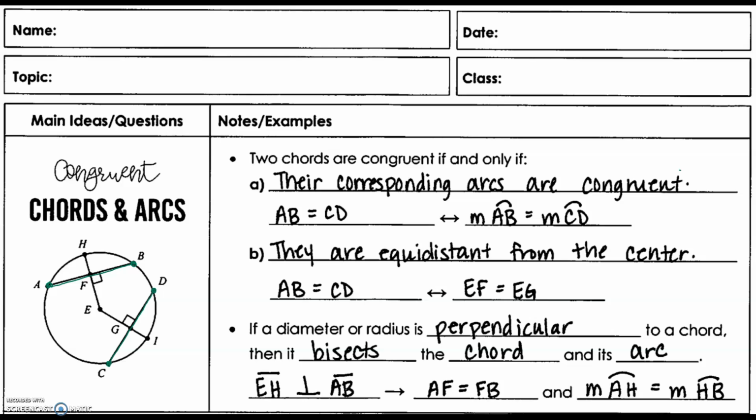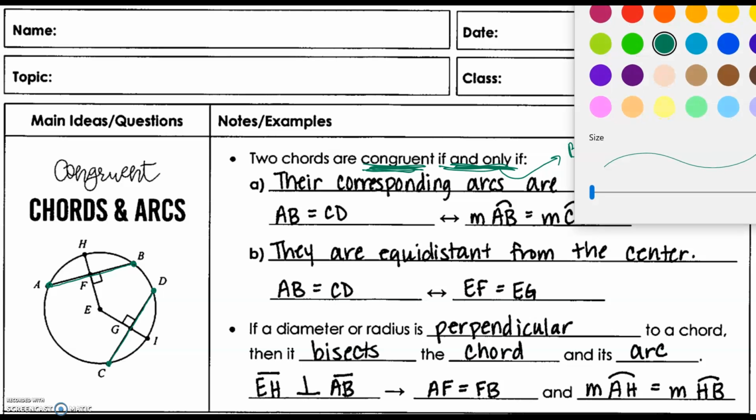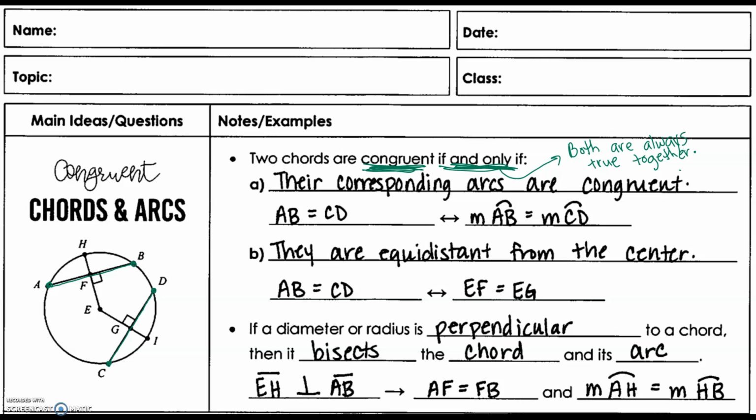It says two chords are congruent, which means they're equal, if and only if. If and only if means that they are always true together. So they always go together, kind of like peanut butter and jelly.